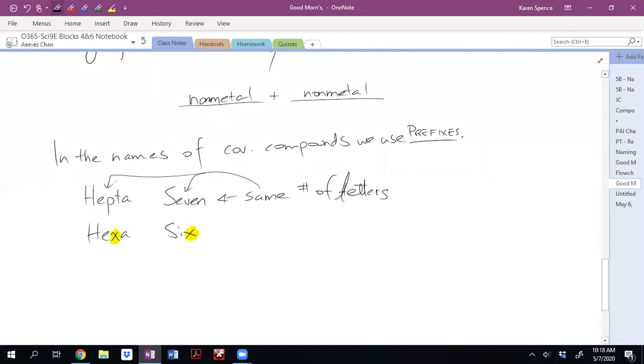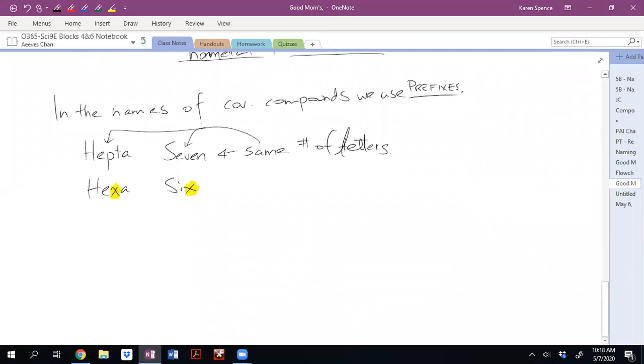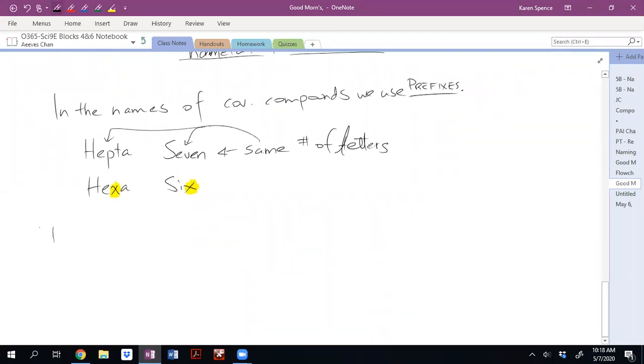Okay, now because we use these prefixes and the prefixes tell us the number, to write the formula, just let the prefixes tell you the numbers. So to write the formula of a covalent compound, let the prefixes tell you how many of each atom.